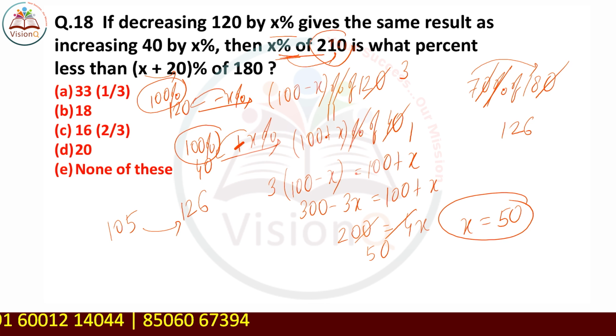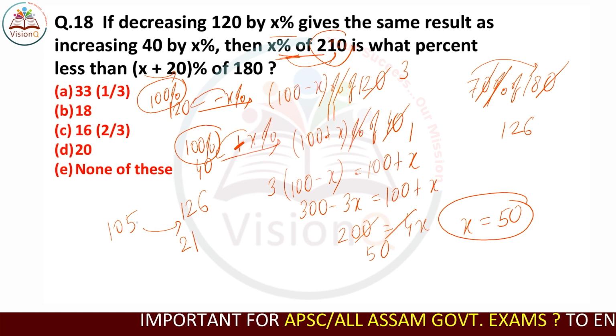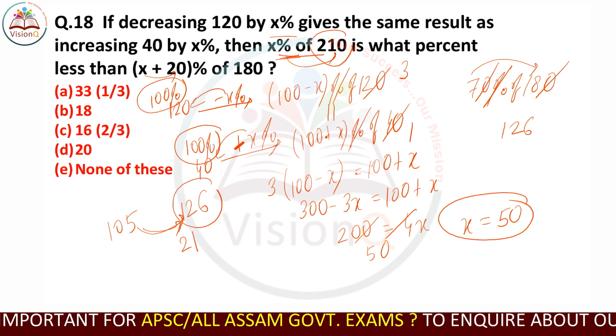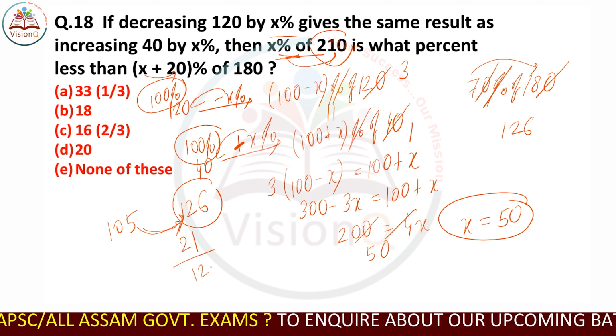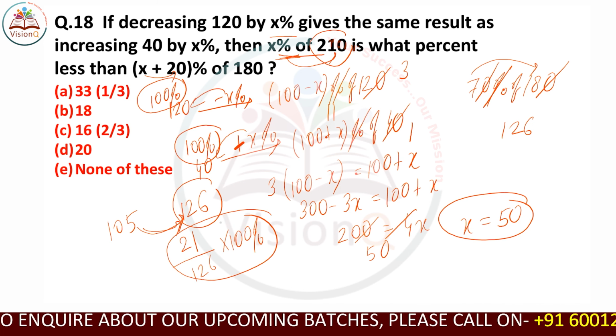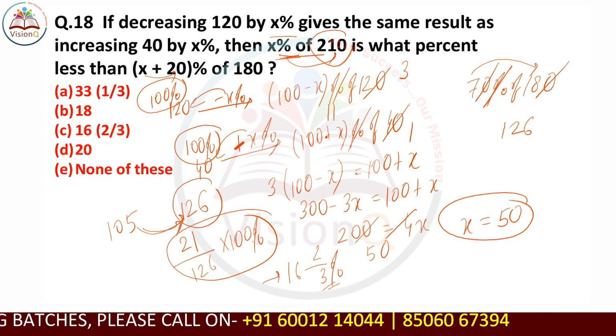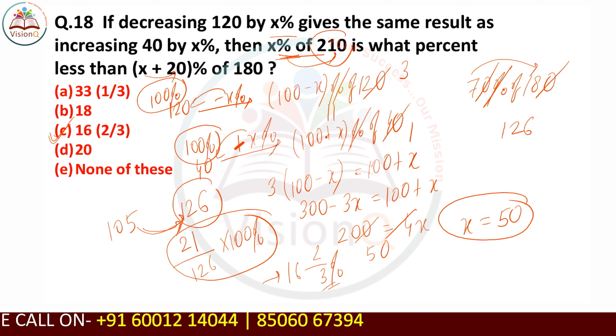To find what percent less, first find how much less. 105 is 21 less than 126. Now 105 is compared with 126, so this will be on the base, into 100%. If I find this value, I get the answer as 16 2 by 3%, which is option C. The right answer to this question number 18 is option C, 16 2 by 3%.